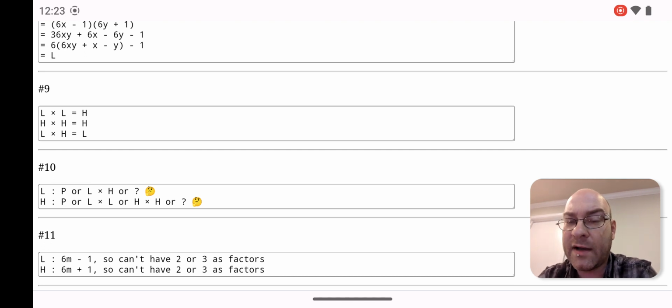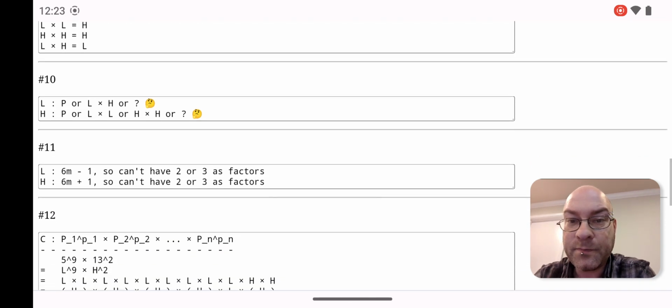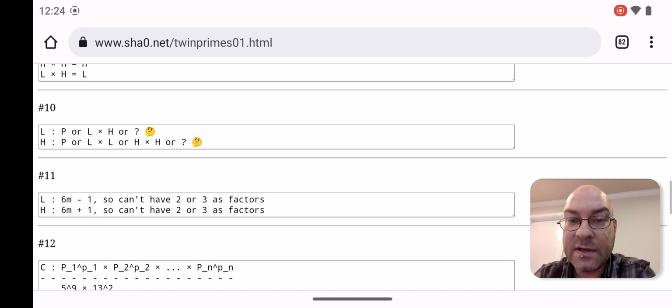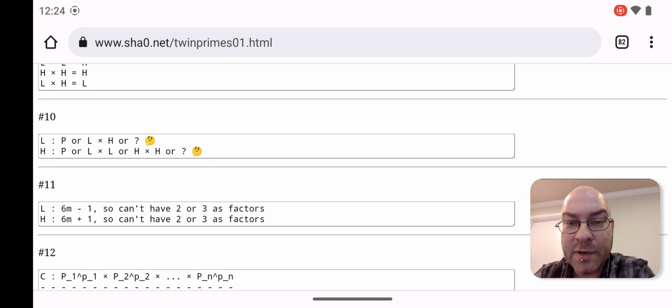So these composite numbers are all going to have factors that are either primes, that are L and H primes, or powers of primes. So let's consider exponents for a moment here. Here we have C. C is a composite number, and the usual form of a composite number is that it'll have at least one prime, and that prime will be raised to a power.